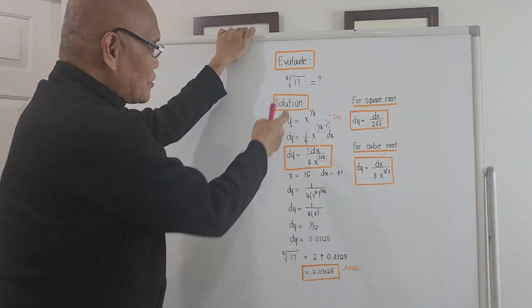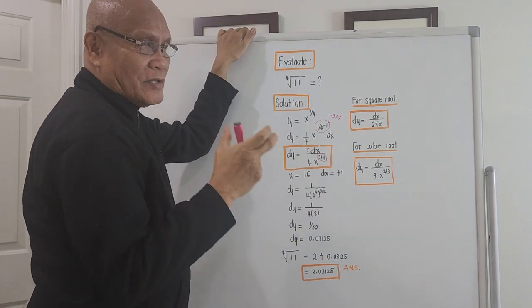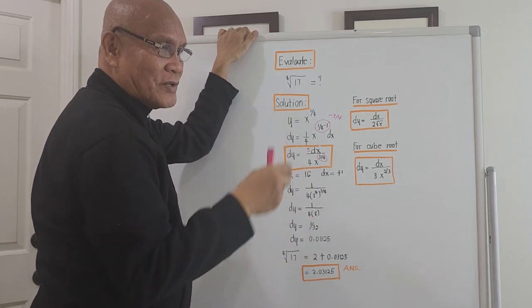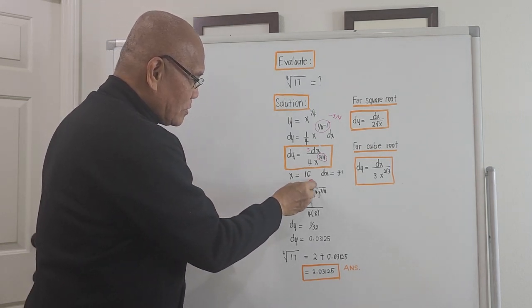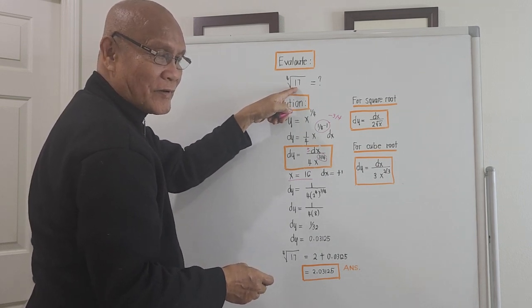The number 17, the nearest number which has a fourth root is actually 16. So we will place x to be 16 now, because the number is not exactly 16, right?